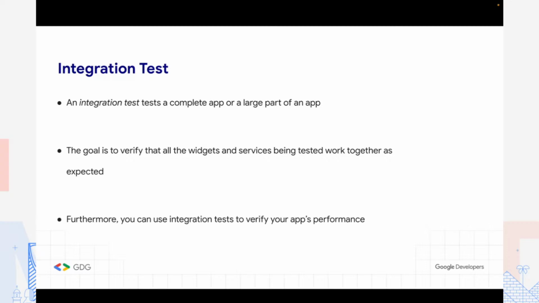If the testing involves a single widget, it is widget testing, where we use the test widgets function. But for integration testing, it is going to be multiple widgets. And this is to ensure that the connection that we have built during development between the widgets is well maintained and works as expected.